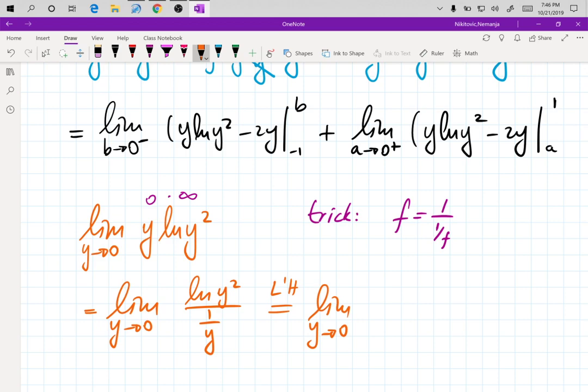So, going back to our problem now, we have 0 plus negative 0 minus 2 times negative 1 plus, this is also going to be, now we plug in 1, so this is going to be ln of 1, which is 0, and then minus 2, and now we plug in a, so that will be minus 0, that is the calculation from there, and then plus another 0.